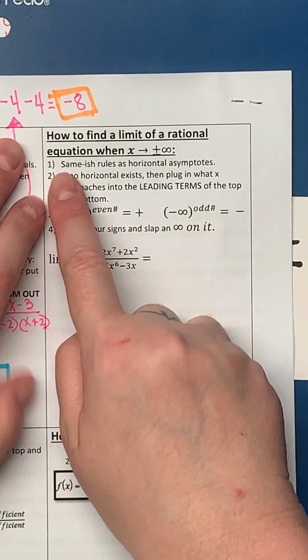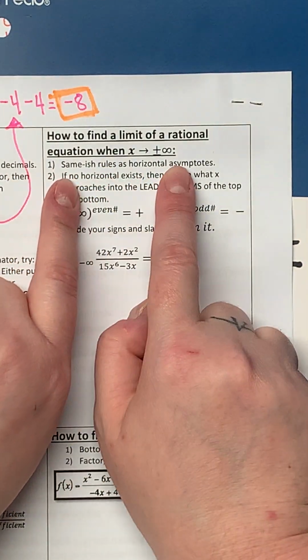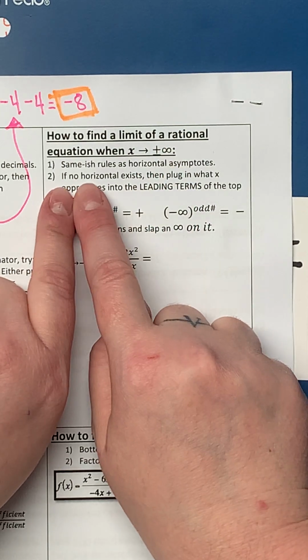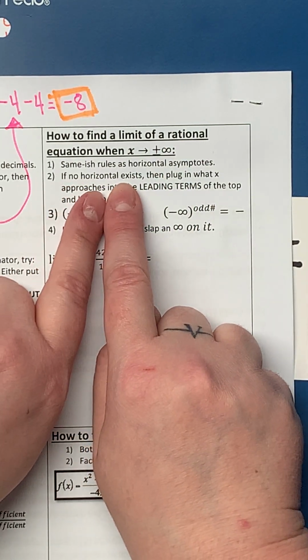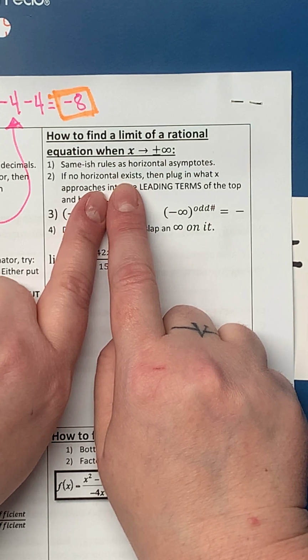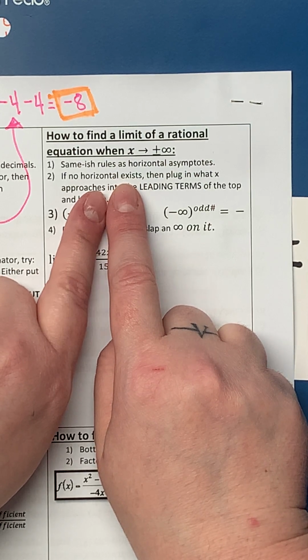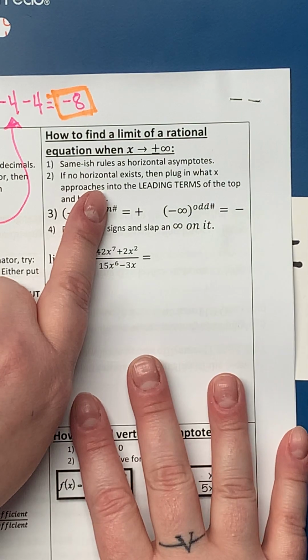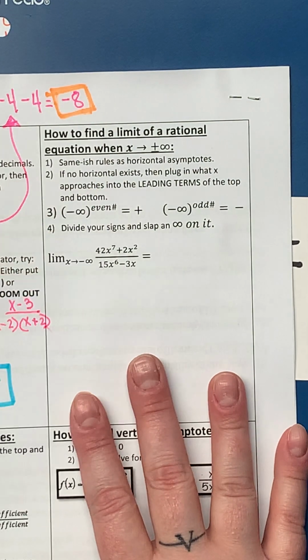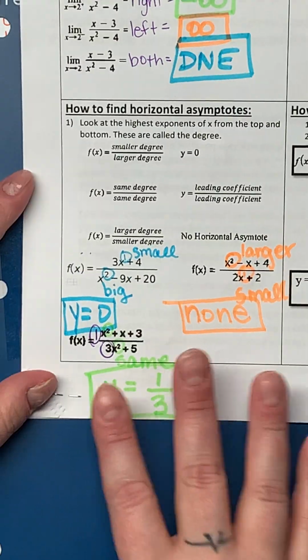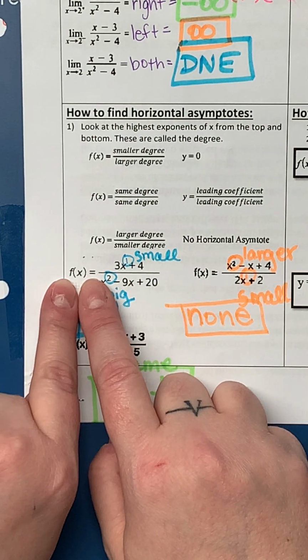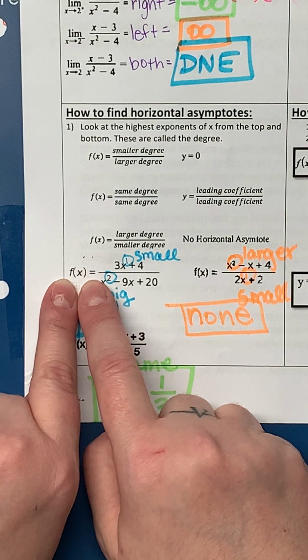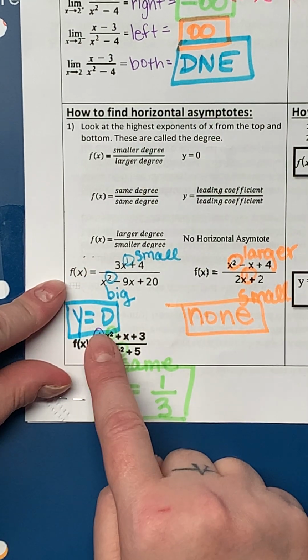Okay, so now let's go back up to this. How to find the limit: it's the same-ish rules as a horizontal asymptote, but there's something special that you do if no horizontal asymptote exists. So, if the question was, what's the limit as x approaches infinity of this f of x? The answer would be 0.